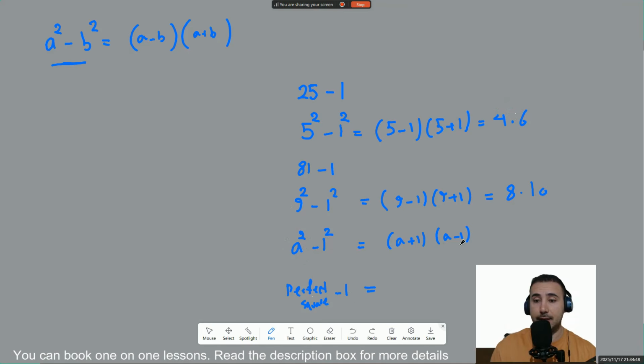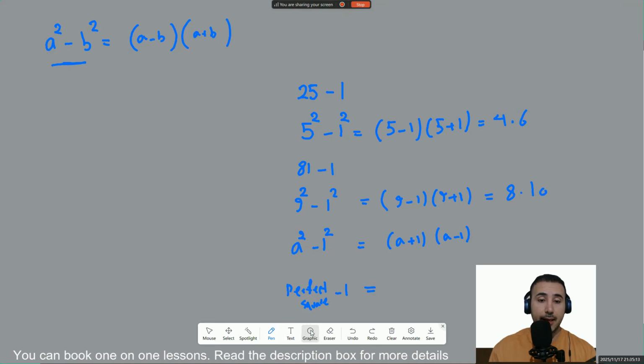If, for example, this one is equal to 10, this one is equal to 12. So you try it. So we could always factorize a perfect square minus 1 with 2 integers with a difference of 2. That's very important, okay? So that's the first thing we need to know.